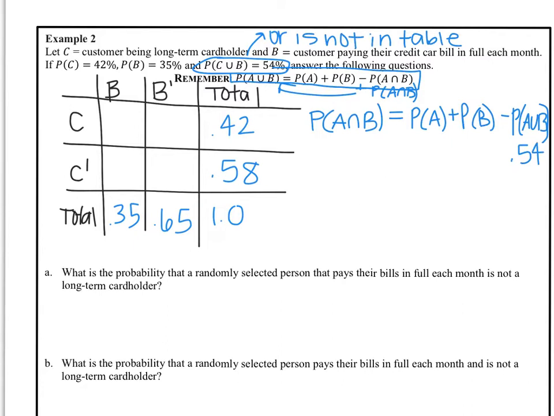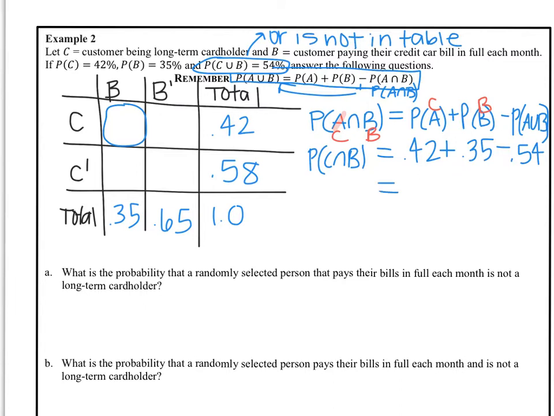And let's change these to C and B, so the probability of C and B. We've got the probability of C is 0.42 plus the probability of B was 0.35, and then subtract off the or, which will give us the and. So it'll be probability of C and B, which is going to go right there once we can find it. And once we have that number, we can fill in the rest of the chart.